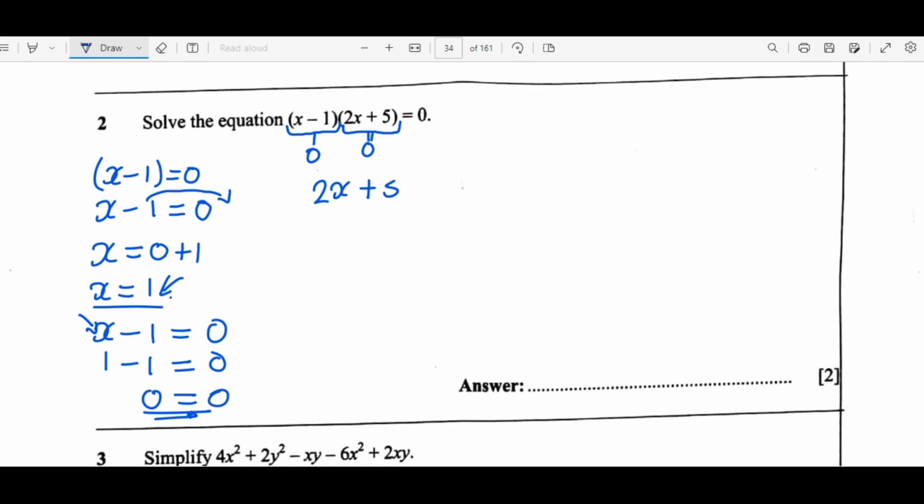Then let's go to this value here. 2x + 5 is equal to 0. What number can we put for x, multiplied by 2, plus 5, to be equal to 0? We'll do the same. We say 2x + 5 must be equal to 0.